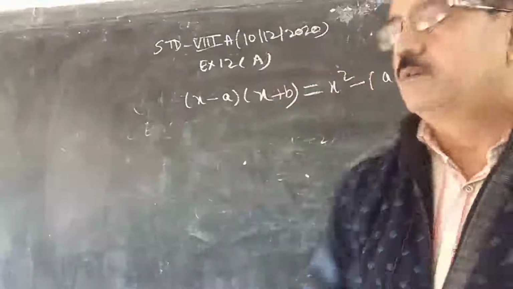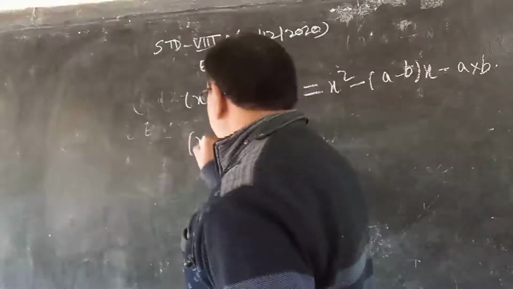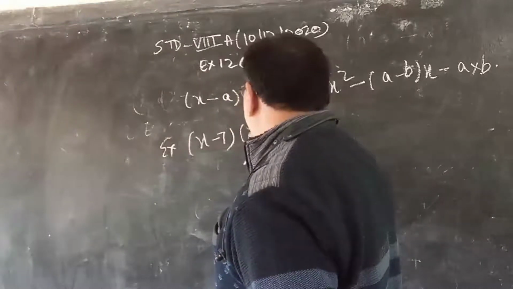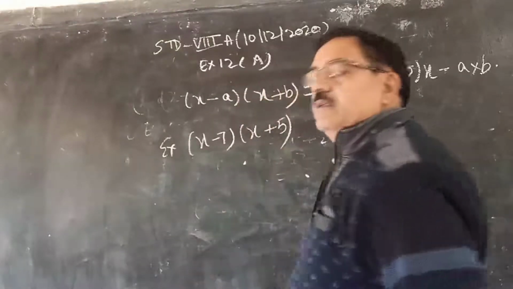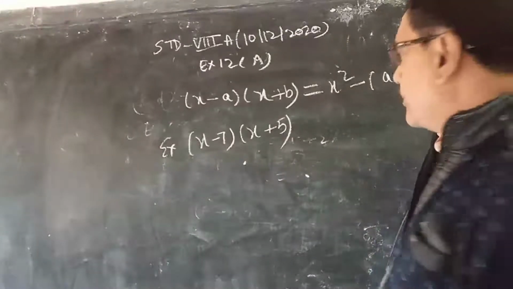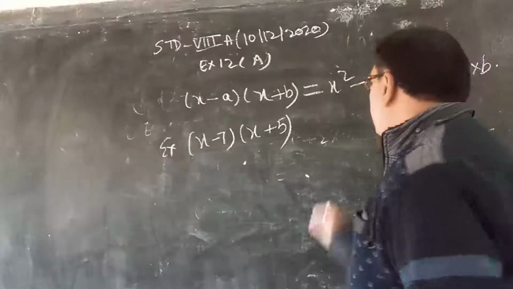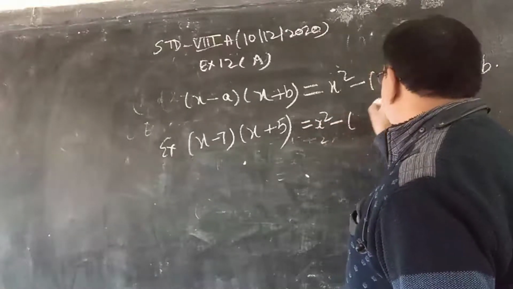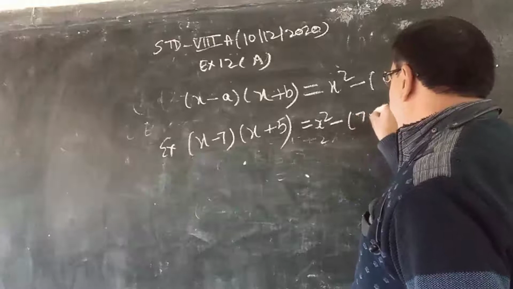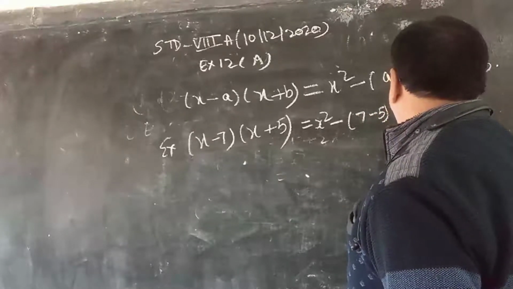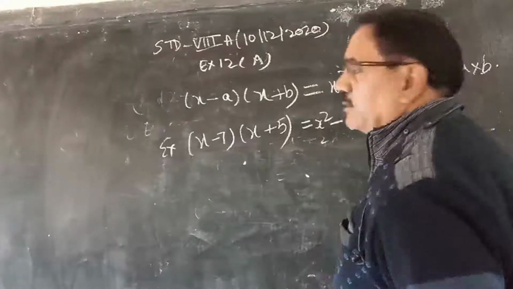What to do? Take the question: (x - 7), example, (x + 5). Put it in the formula, right? So when you put it in the formula, what is the formula? x² - (a - b)x, meaning 7 minus 5, x, minus a into b, meaning 7 into 5.